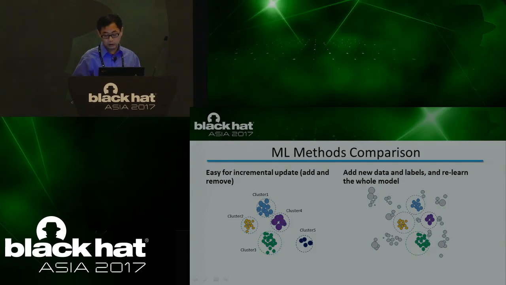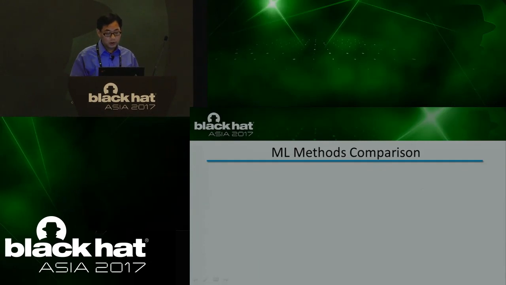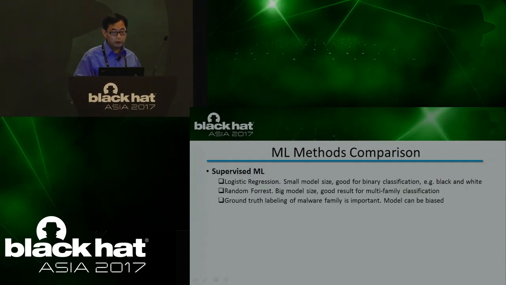But for the supervised, you basically have to relearn everything. It's important that we do a highly scalable, high performance method. It takes time to relearn the whole millions of feature vectors. It's really hard.